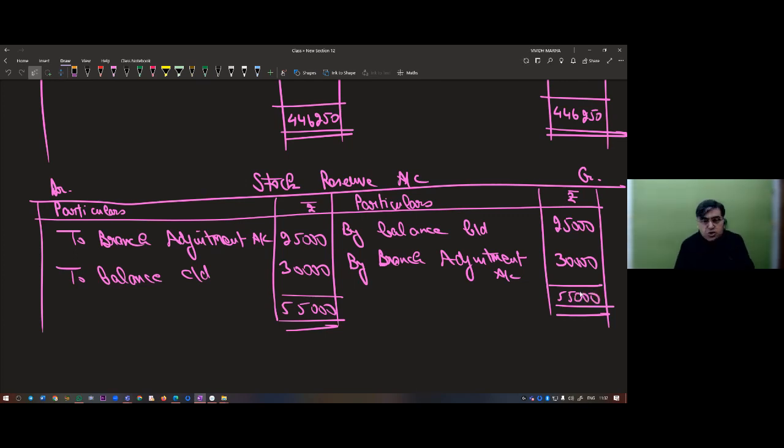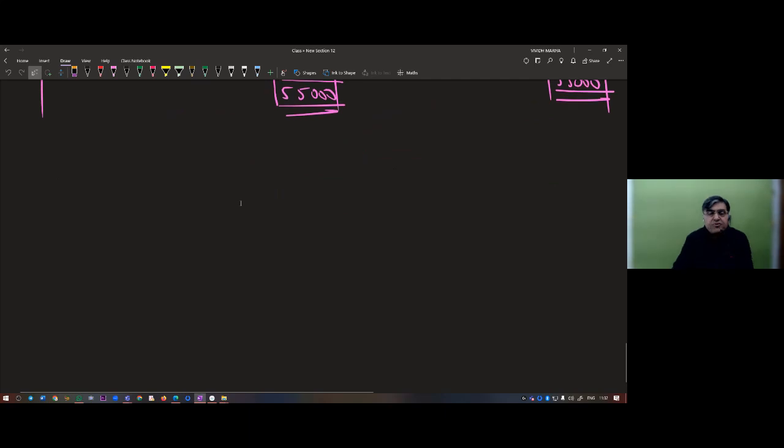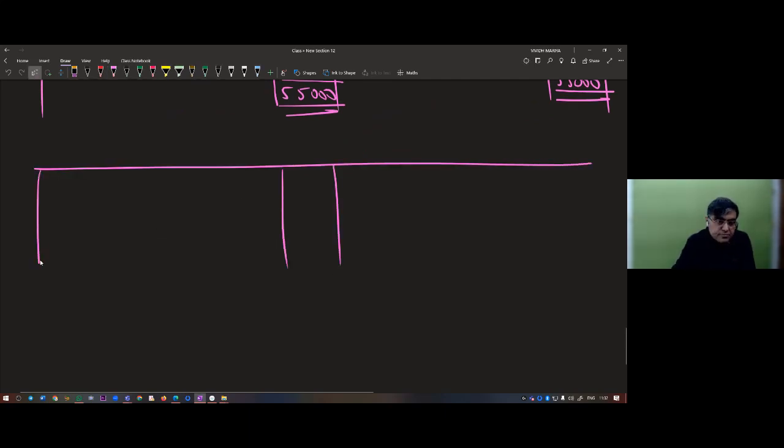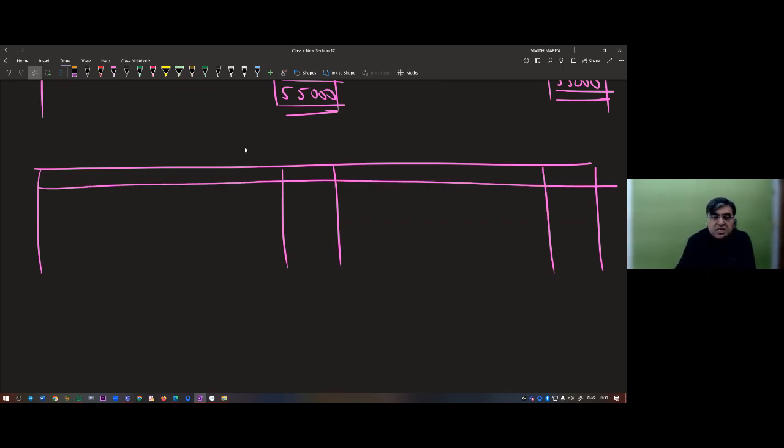Guys, this is the stock reserve account, and the last account is the goods sent to branch account.